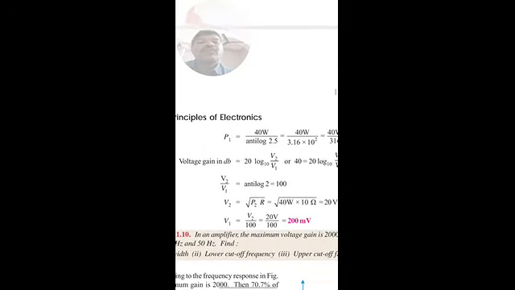So we have power output 40 watts. So power is equal to V2 square by RL. We know the power and also the resistance, so we can calculate V2, that is 20 volts.